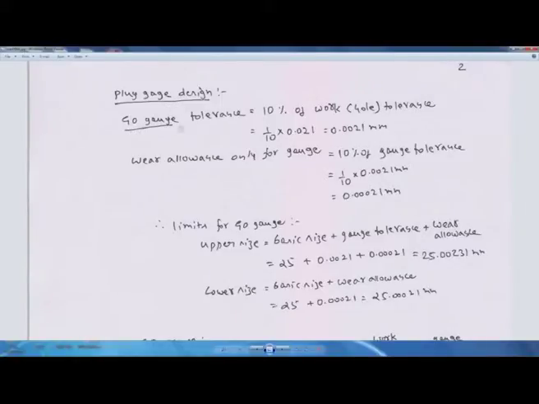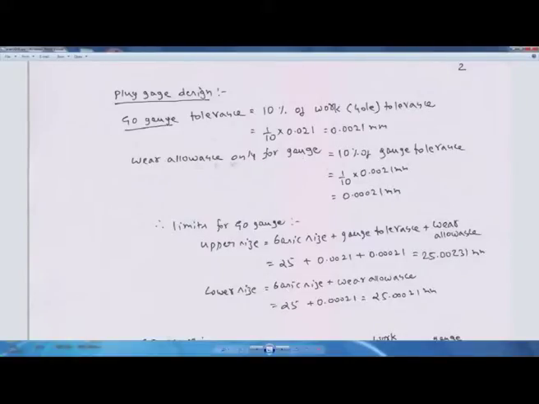The go gauge tolerance is taken as 10% of the work tolerance. So the work tolerance, that is the hole tolerance, is 0.021 millimeter, and 10% of that will give us 0.0021 millimeter. Wear allowance is provided only for the go gauge. The reason is that only the go gauge enters the hole and is subjected to wear.